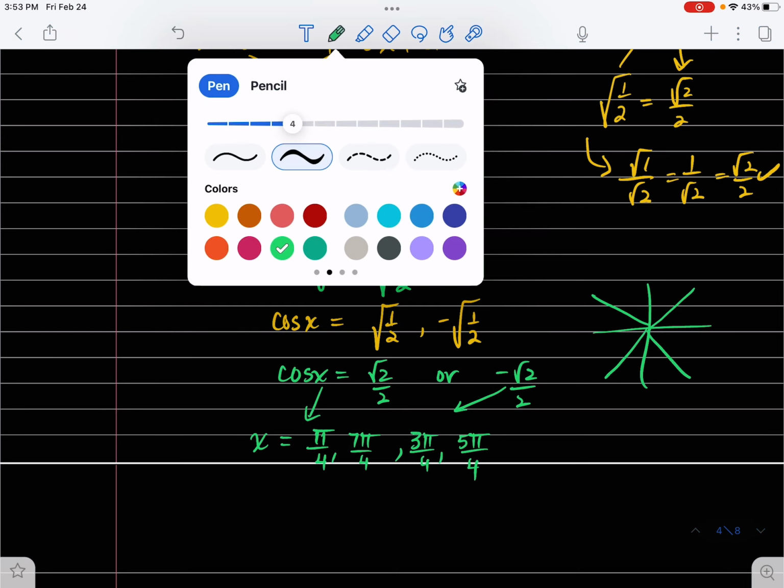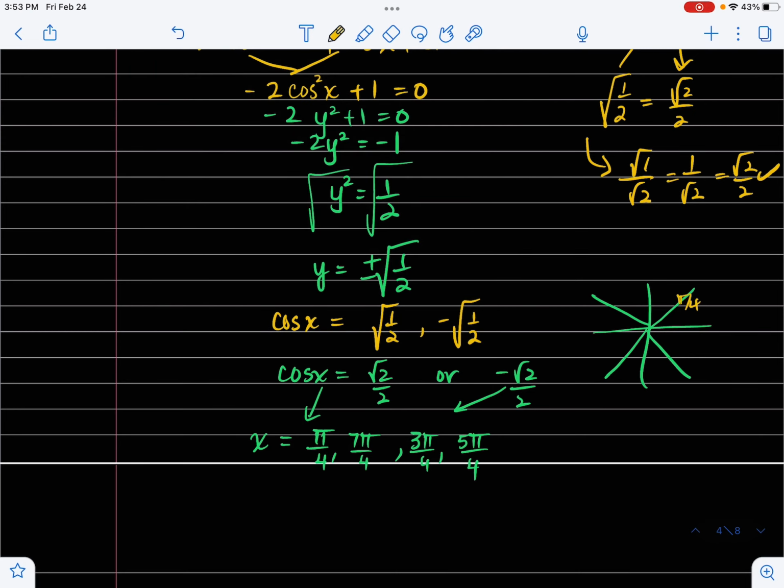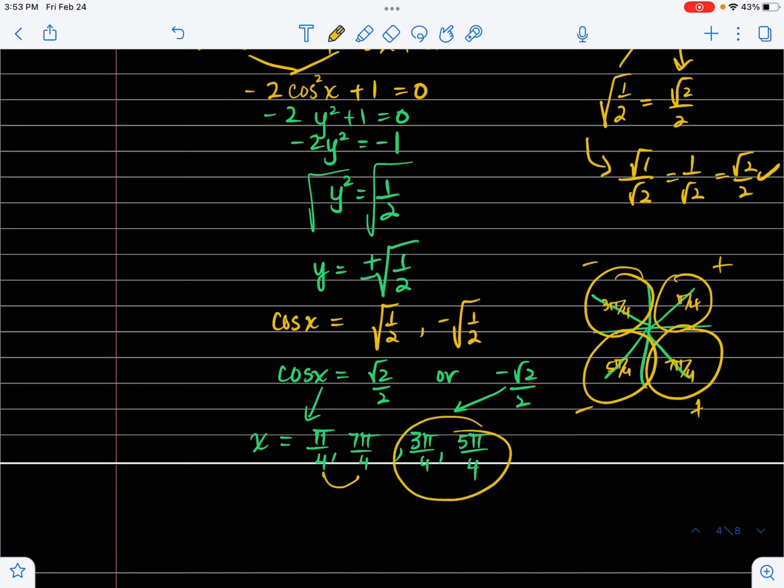Now this is pi over 4, that's 3 pi over 4, 5 pi over 4, and 7 pi over 4. And in quadrants 1 and 4, cosine has positive values, so that's why those two came from there. And in quadrants 2 and 3, cosine has negative values, that's why these two came from 2 and 3.